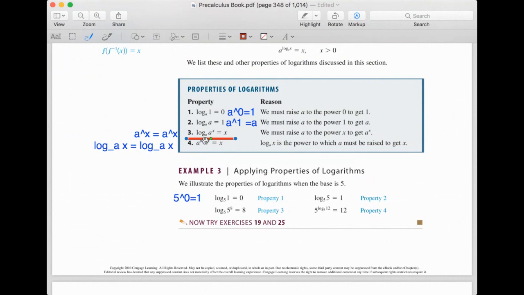Then this base has the same base as the log. So this is log base A. Then inside the log is also base A raised by a power that equals the power. Why? If we rewrite this in an exponential form, we would have A raised by X equals A raised by X, right? That's why this rule is true.